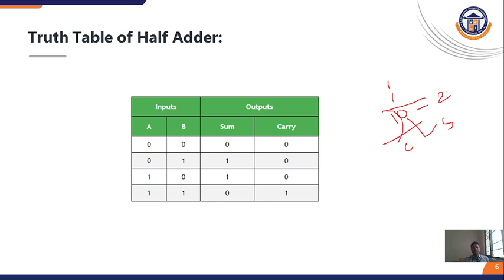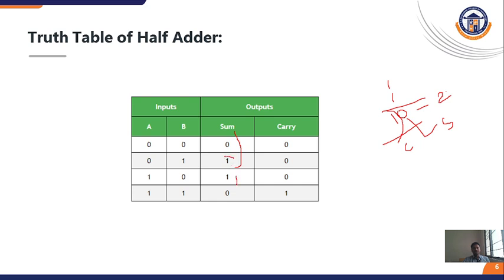Otherwise, if it is a complicated combinational circuit, we have to go for K-map or Boolean algebra to reduce the expression. Here, in the sum column, we are getting outputs at two places.